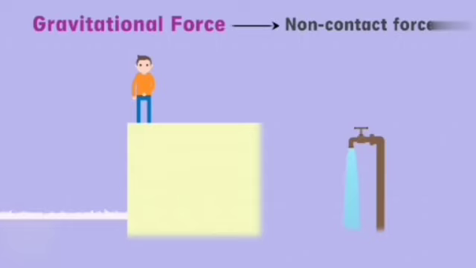We can clearly see from our examples that contact is not required between the earth and the other objects to attract each other. So we can say that the gravitational force is a non-contact force.